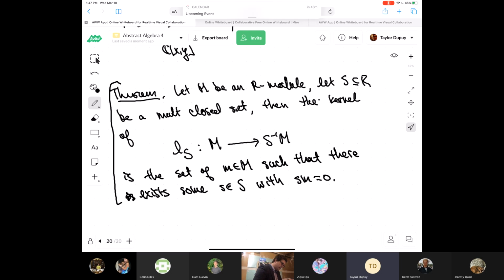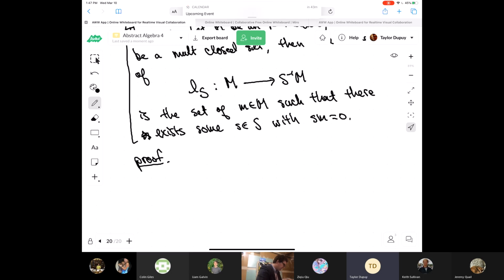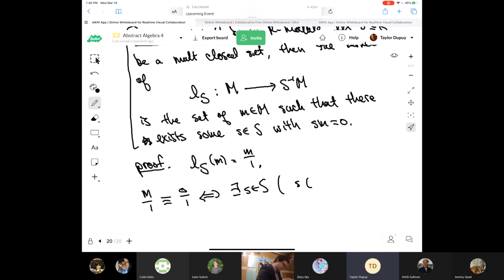All right. And so the proof is you just apply that definition, right? So L_S of m is m over 1, and m over 1 is equivalent to 0 over 1 if and only if there exists some s in S with s times 1m minus 1 times 0 equal to 0.